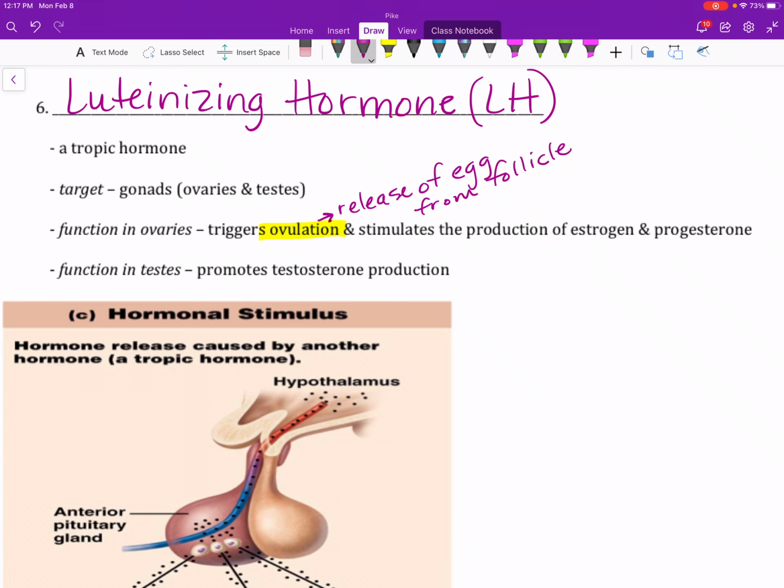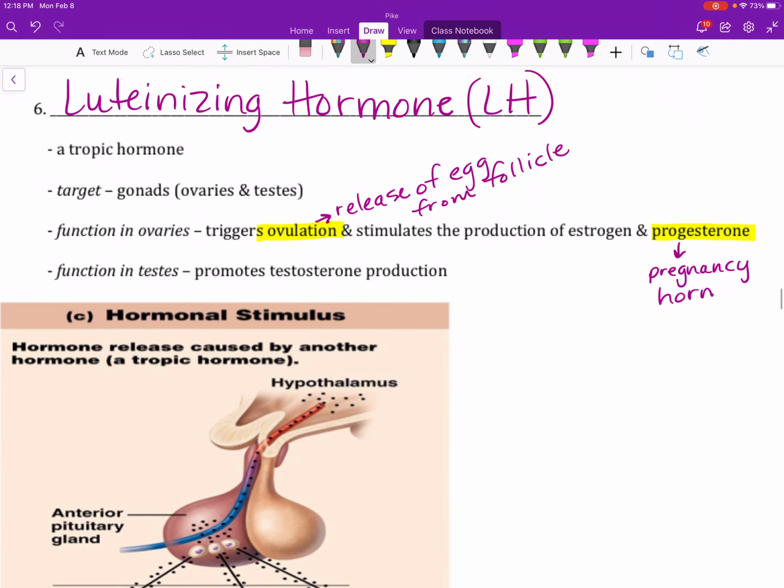And then it stimulates the production and secretion of progesterone, which is the pregnancy hormone. So at this point, you sent an egg out to find its knight in shining sperm. You started secreting the hormone progesterone, all in the hopes that egg and sperm will fertilize and there will be a pregnancy.